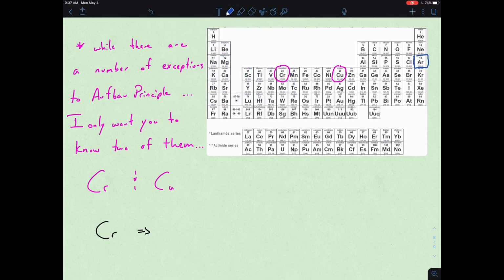All of these are filled up to argon, and then we go beyond that to our idea of the 4s and the 3d. So that's what I'm writing here with the noble gas shorthand. We would have argon, and then we would say 4s2, 4d4.